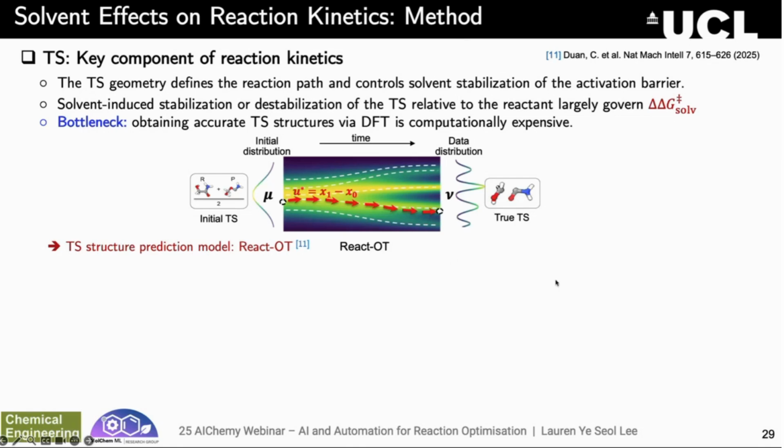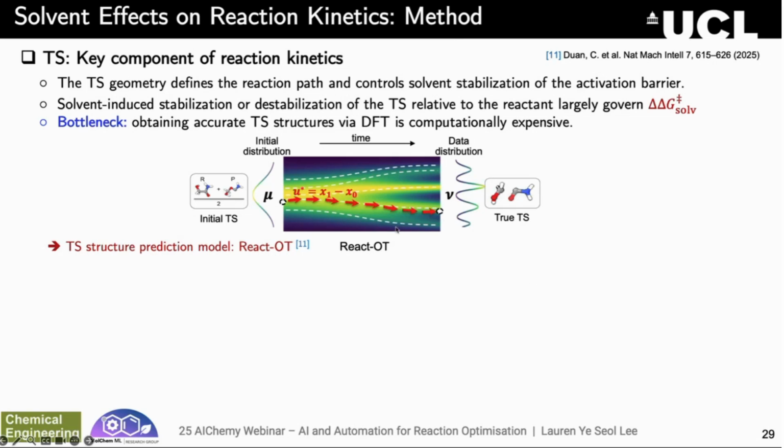And as a first step, we decided to investigate whether incorporating 3D geometrical representations and transition state structure explicitly can indeed improve the prediction accuracy and extrapolability. And also, given that obtaining accurate transition state structures through DFT calculation requires high computational cost, we initially introduced a data-driven transition state structure generator called React-OT, proposed by a research group at MIT, if I'm not wrong.